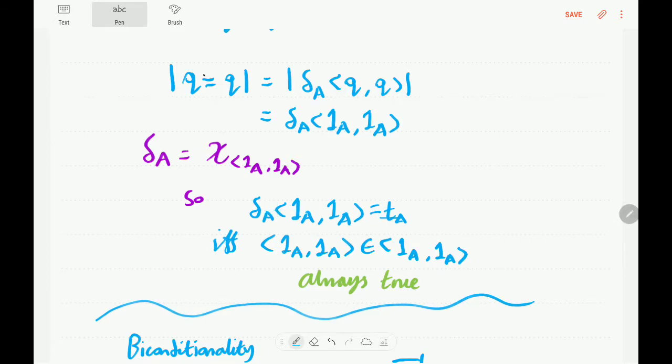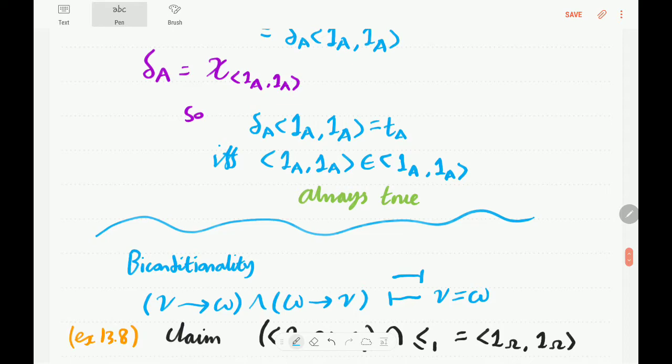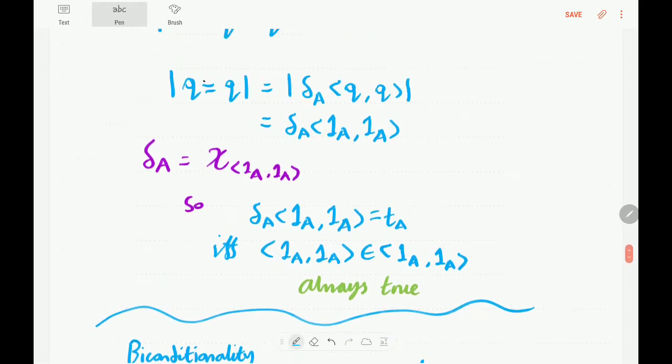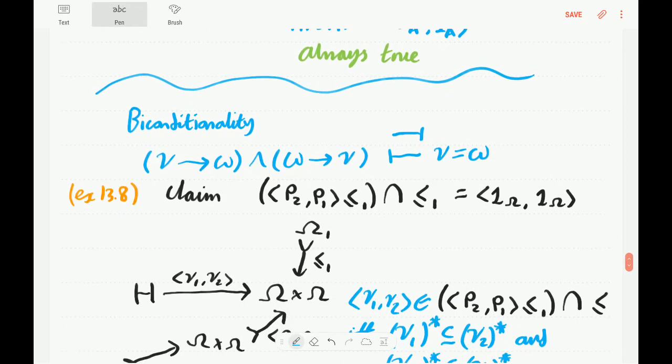And that's going to be true if and only if, well, since delta A is the classifying arrow of 1A, 1A, this is true if and only if 1A, 1A is in 1A, 1A, and that's always the case. So yes, equality is always true.